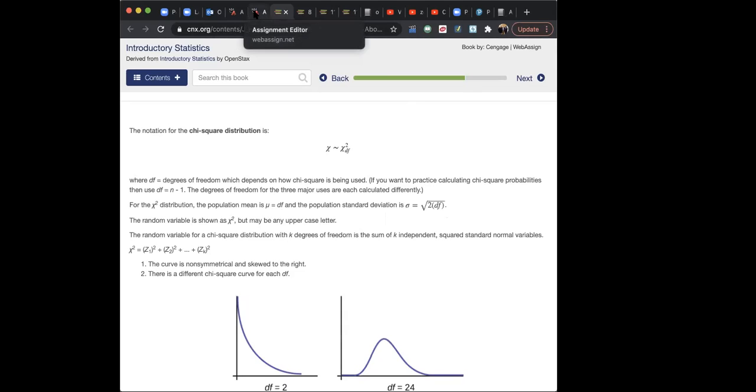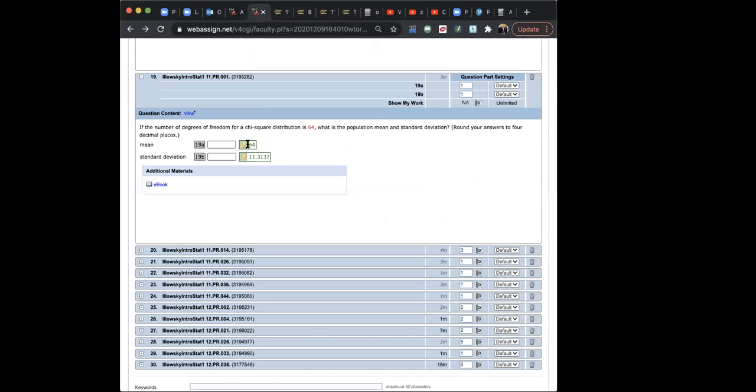So with those facts in mind, now we can answer these questions. We're told that the degrees of freedom for this chi-square distribution is 64, so the mean is 64. Now, the population standard deviation is the square root of 2 times 64, which is 8 times the square root of 2.